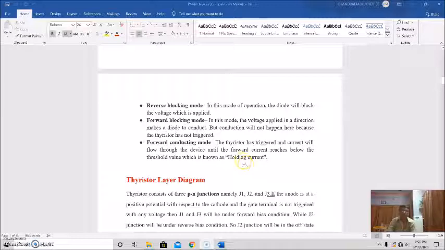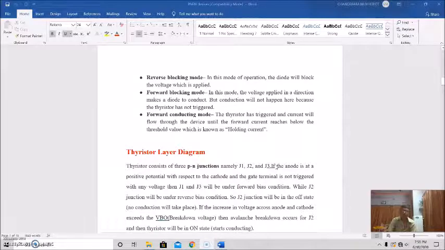In forward conducting mode, the thyristor is triggered and current will flow through the device until the current falls below the threshold, which is known as the holding current. All this will be discussed later on when we study the thyristor operation and its VI characteristics, etc.